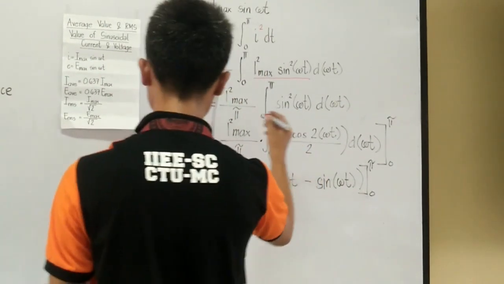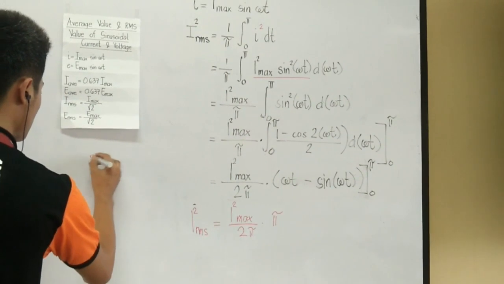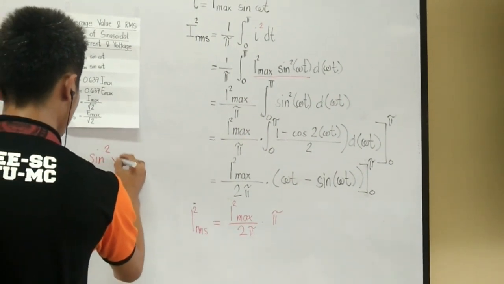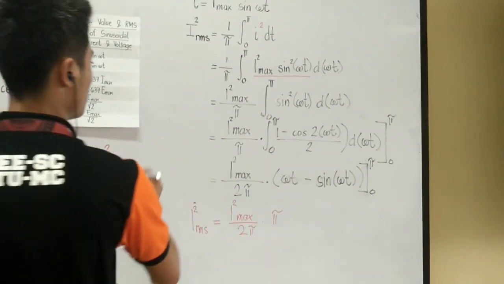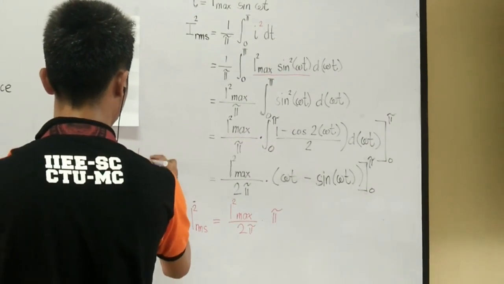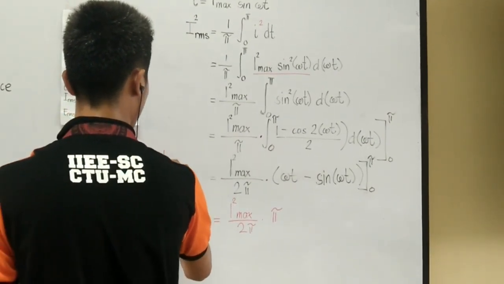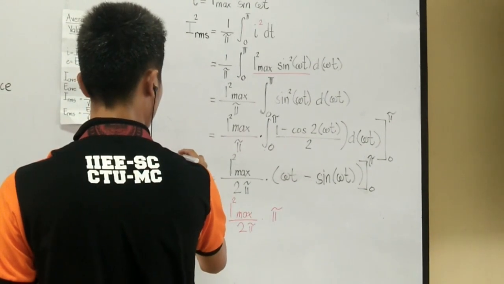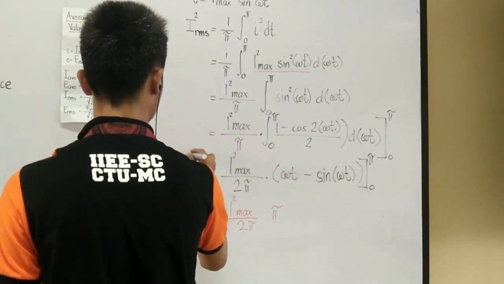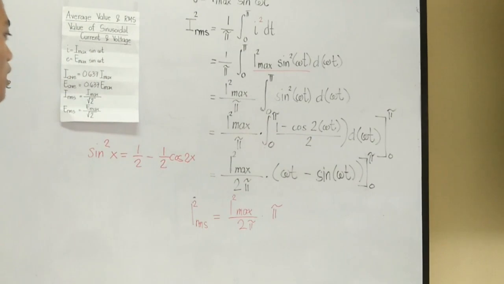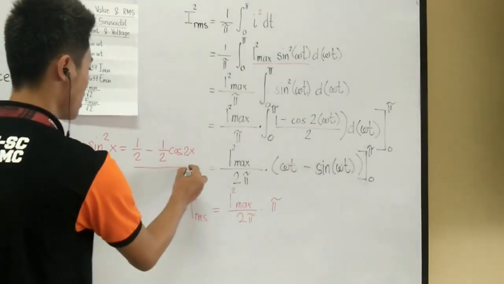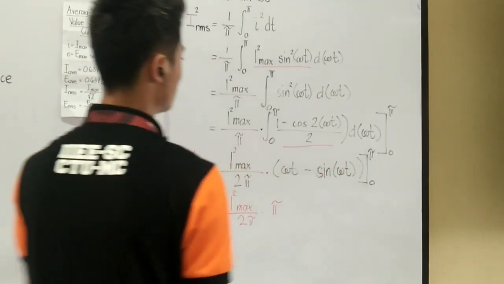From our trigonometric identities, sine squared x is equal to 1 half minus 1 half cosine 2x.